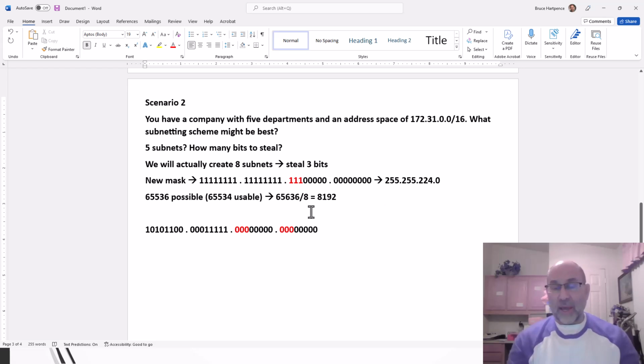Now, what are the patterns that we're looking for? The bit patterns are pretty straightforward. We're just counting by binary, right?